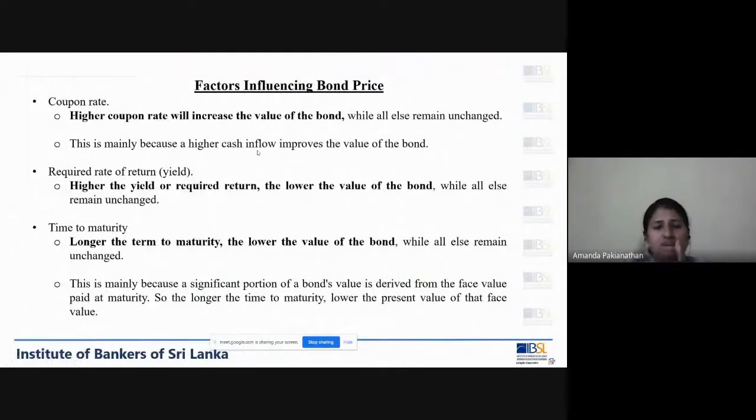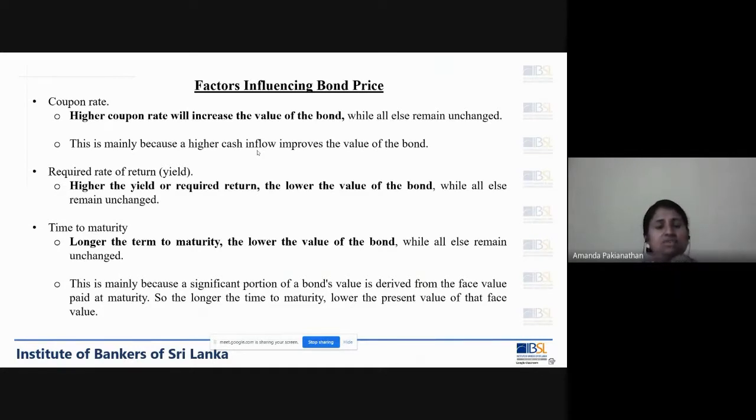Now, what we are going to look at now is we have gone through the bond valuation where we saw the actual value of the bond. Then we saw whether the bond is overvalued, undervalued by comparing it with the market price. Now we are going to see what decides or what affects this bond price in the market.